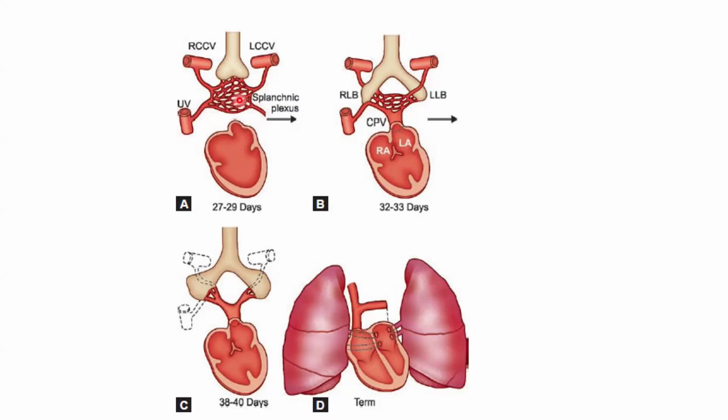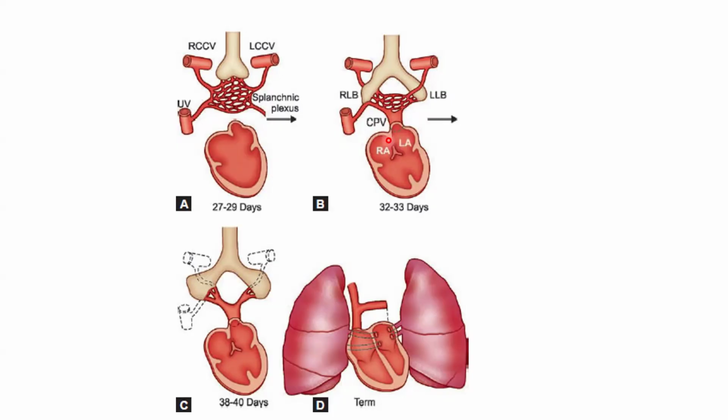So what then happens is that the plexus of veins, the pulmonary component of it, joins together to form a common pulmonary vein, as you can see here. Now, this common pulmonary vein joins to the left atrium, as you can see here.